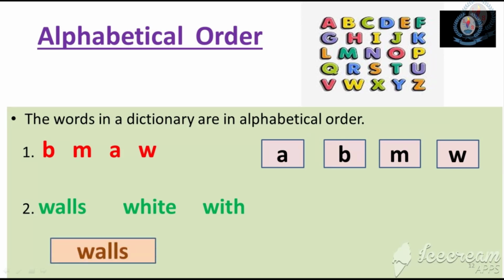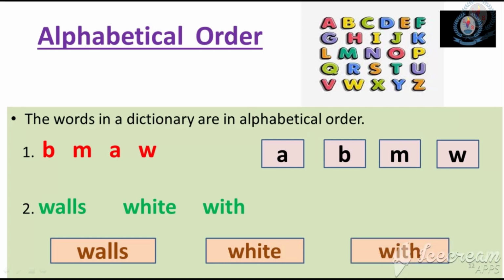So we write walls first. After that, H or I? Yes, you are correct. After that, the letter H comes second. And the word with comes last.